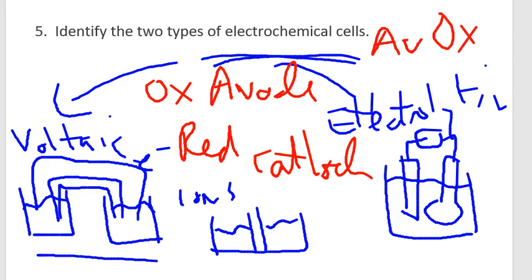Sorry for my bad handwriting. So if you're asked anything about half reactions, the anode is oxidation, cathode is reduction. And the electron flow is anode to cathode.